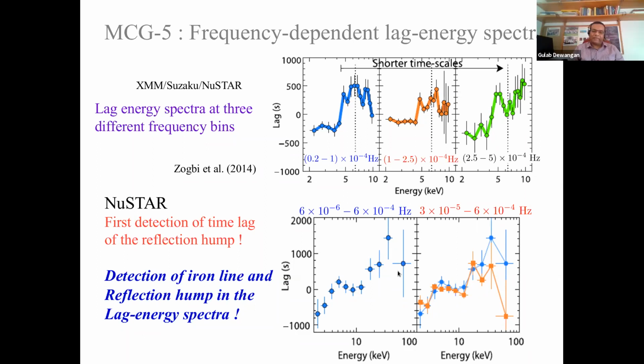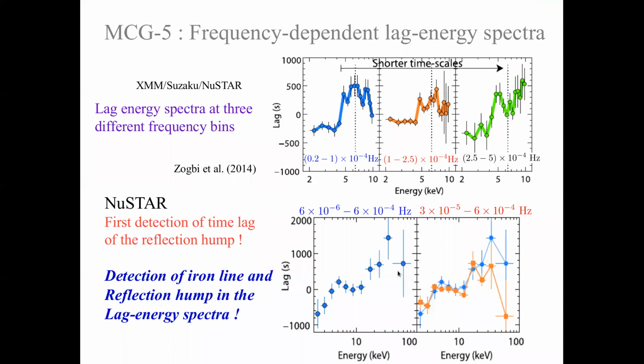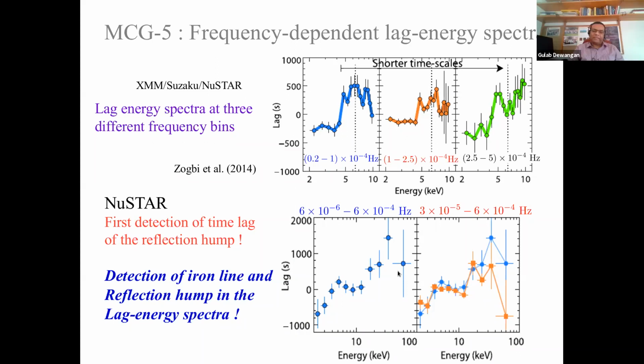And in the long term, you are saying the continuum emission from the disk is going through some variation, and there the soft emission is lagging. Yes. So let me give a little more detail.